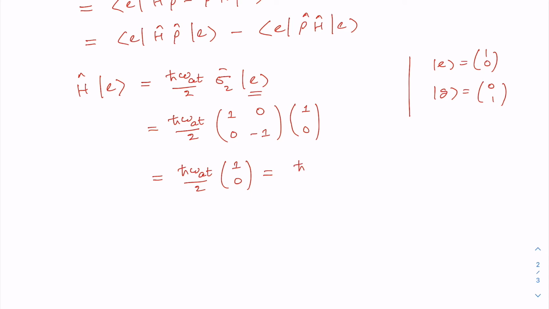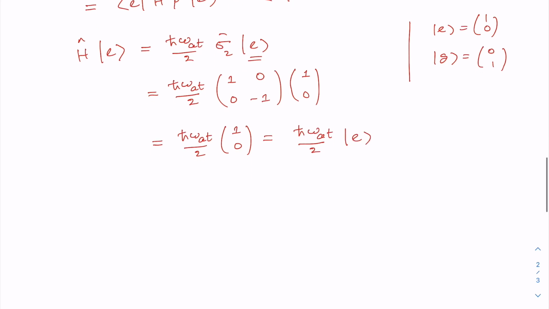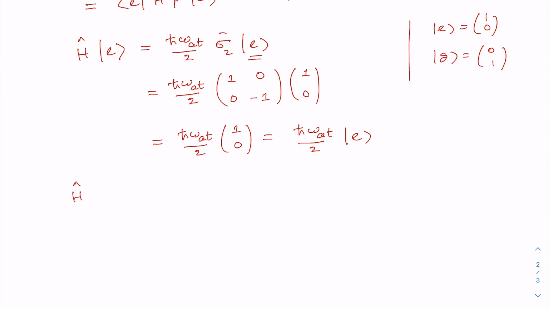So this is basically ħω_atom/2 |e⟩. Similarly, we will require it later when it operates on the ground state. You will get minus ħω_atom/2 |g⟩.